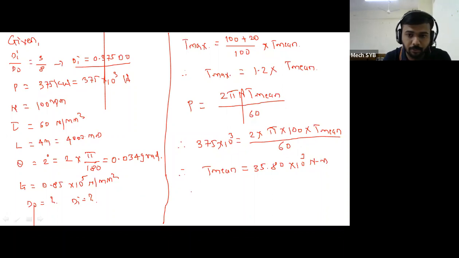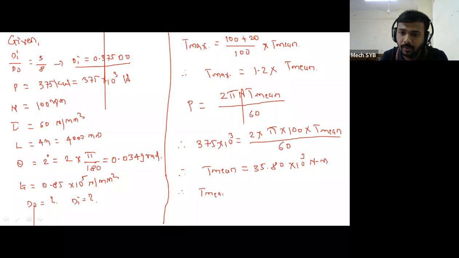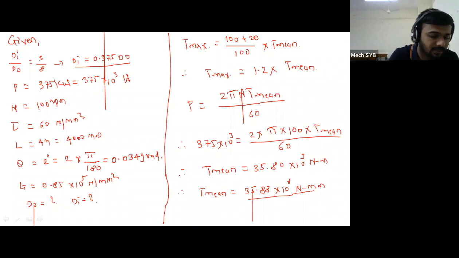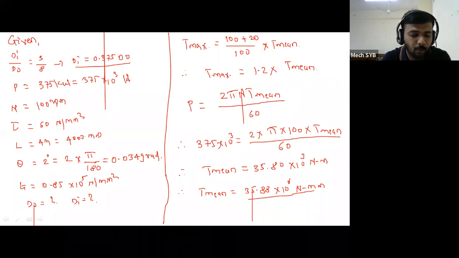Those who have calculated, send your answers in the chat box. So Tmin is equal to 35.80 into 10 raised to 6 Newton mm. 35.80 into 10 raised to 3 is the first answer in Newton meter.